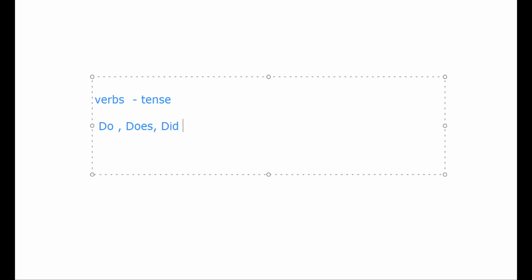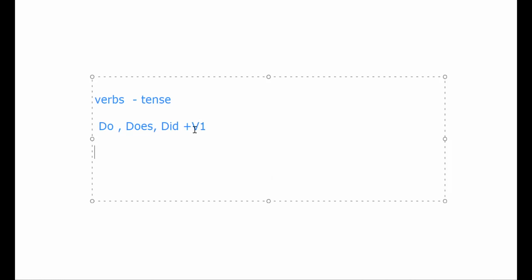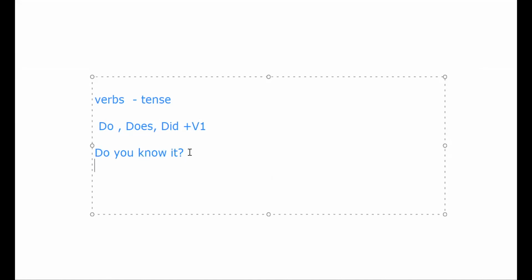If I am using them as helping verbs, after that I need to use only V1 form. Look at this. Do you know it? This is helping verb. This is main verb. Okay.